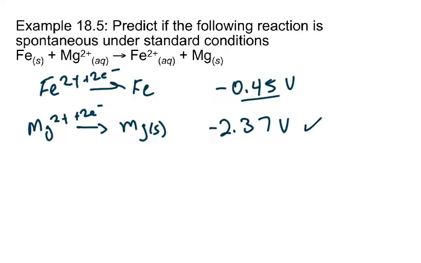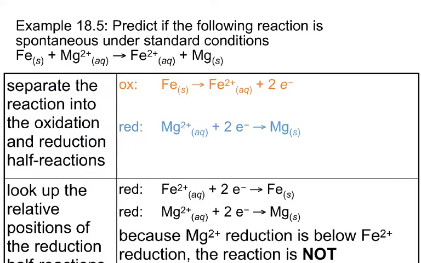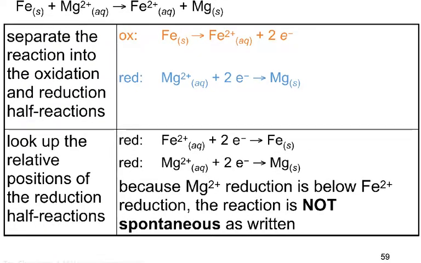This one's reversed, so our overall cell potential is going to be a negative number, so we will be non-spontaneous. If you just look at the table, the manganese is below the iron, so we're not going to be spontaneous as written.